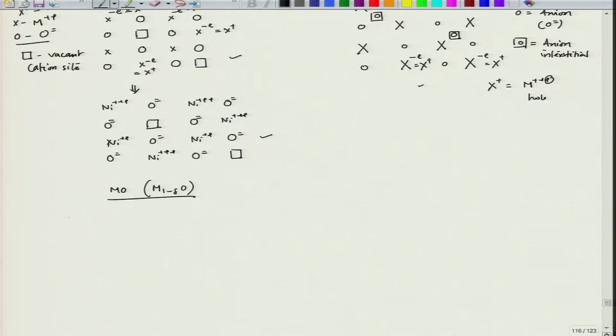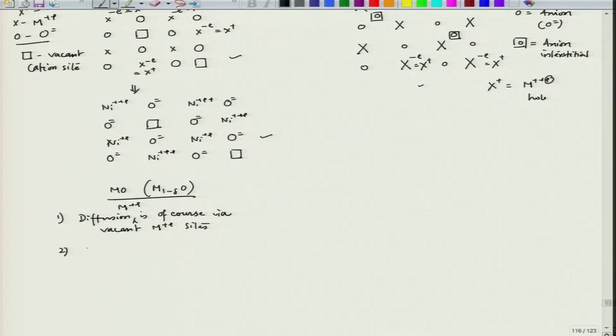If I try to see, the diffusion is of course via vacant cation sites, and here the diffusion should be metal ion, that will be diffusing.